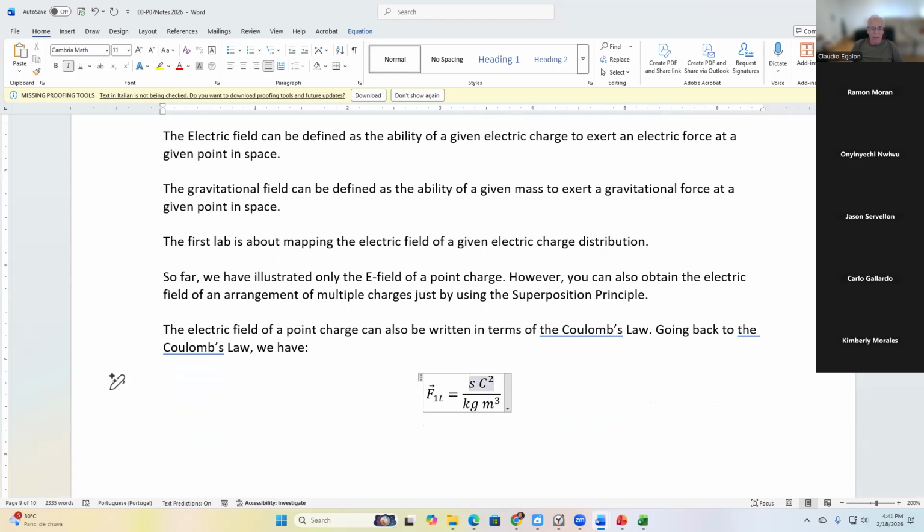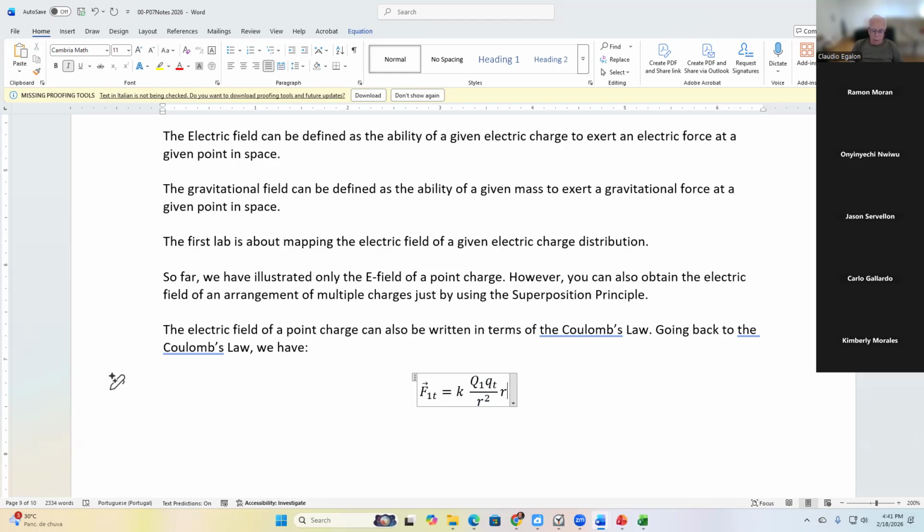And that's gonna be what? K Q1 Q test divided by R squared, right? And we still have that unit vector, okay?